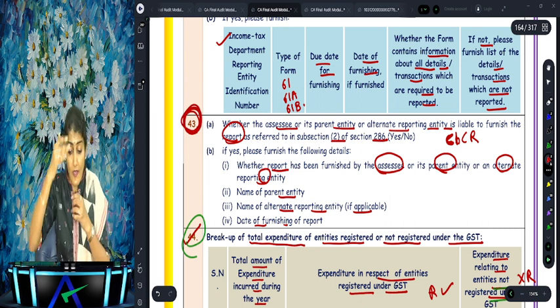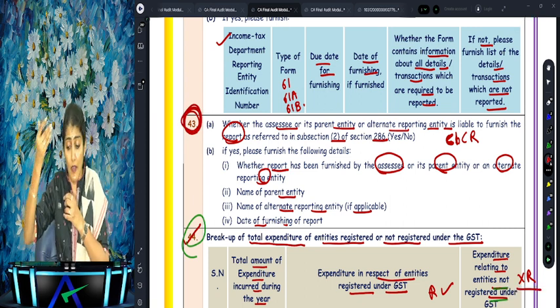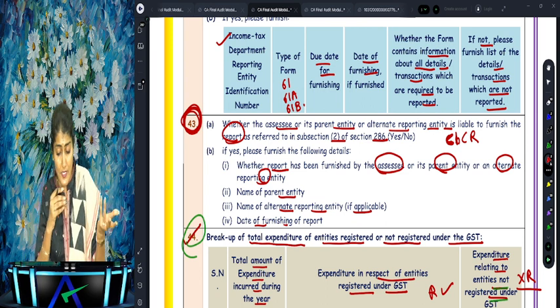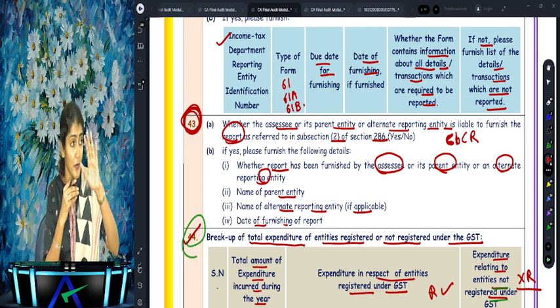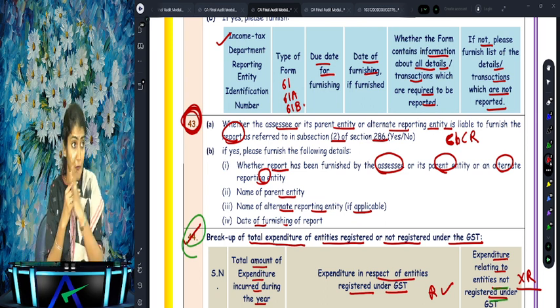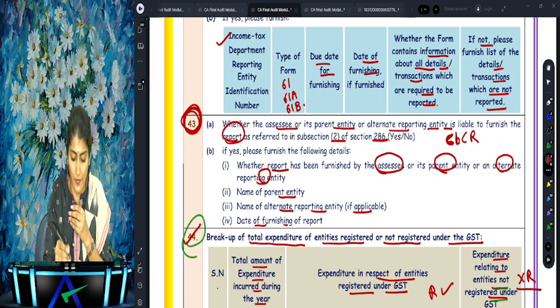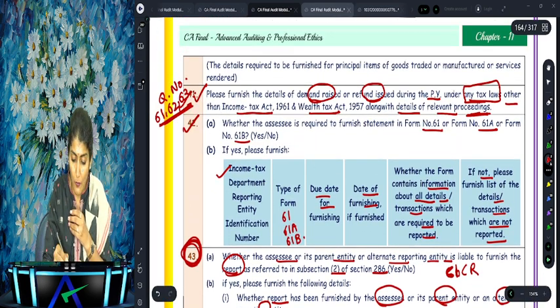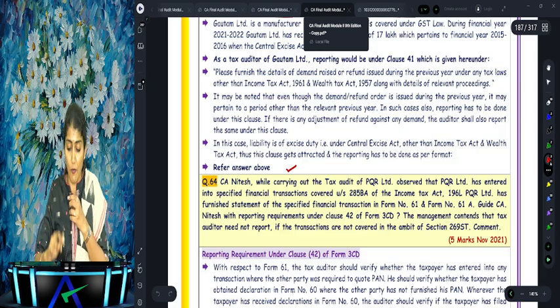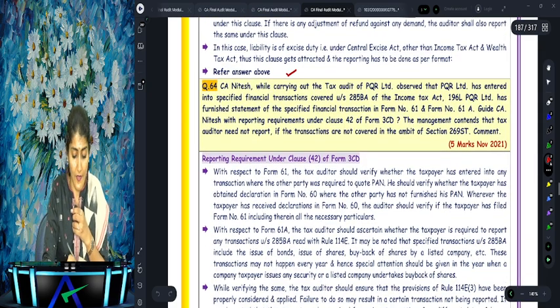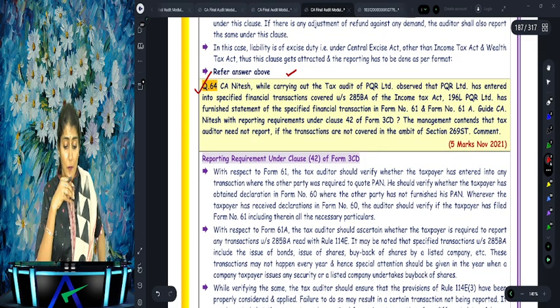Whether the assessee or the parent entity or the alternate reporting entity is liable to furnish the report under 286(2). If yes, whether the report has been furnished, then the name of the parent entity, alternate reporting entity, and the date of furnishing the report. Okay, right. So what is 42? It is regarding the form 61, 61A and the 61B. Right.